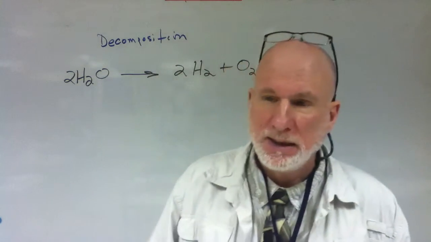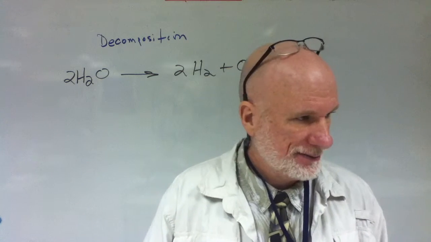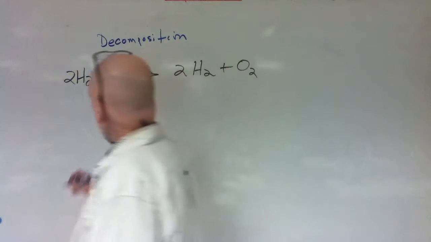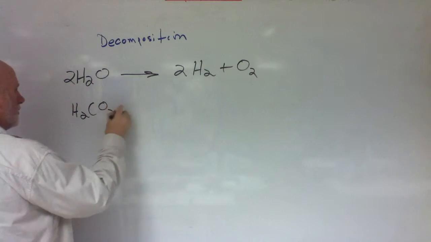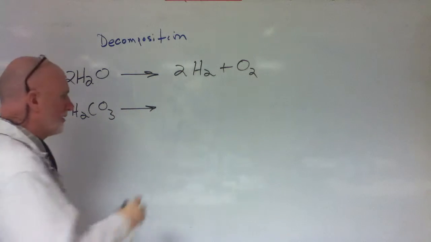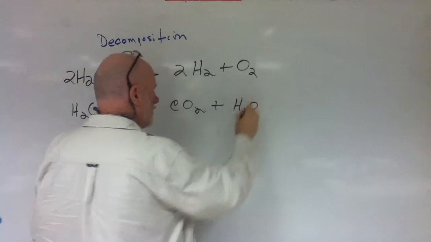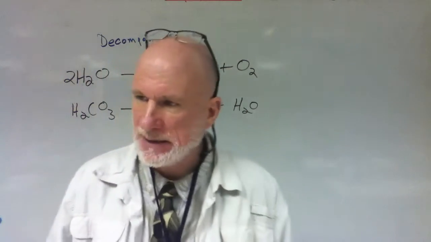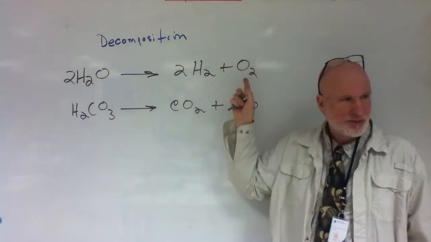Now let's see, what's another one? If I take an acid, such as we did before, I break that down into carbon dioxide and water. So the way you label this is, the first one is a compound that you break down to its elemental forms.